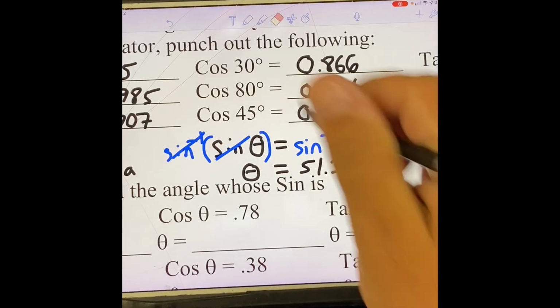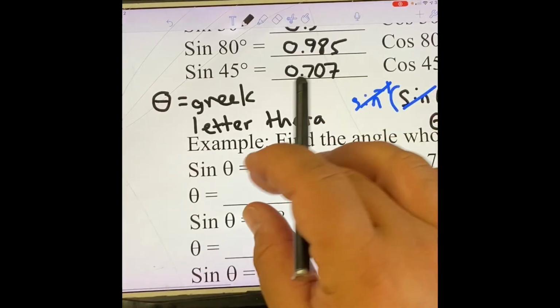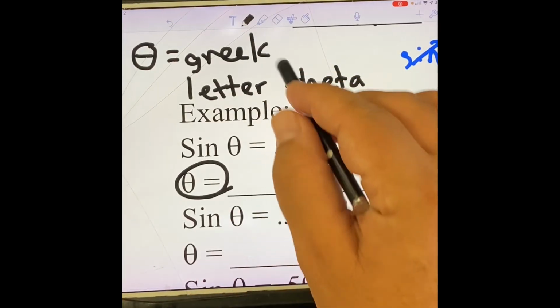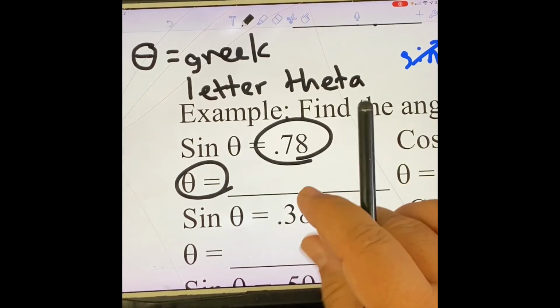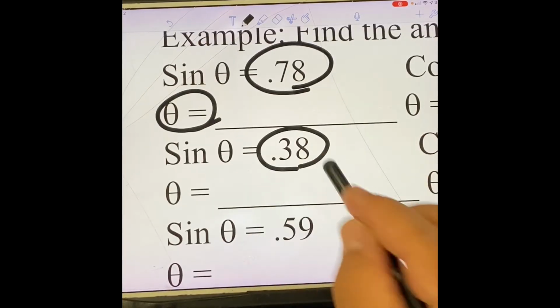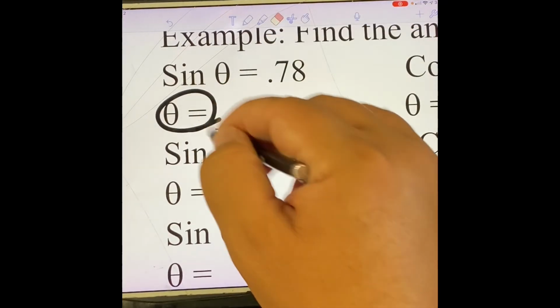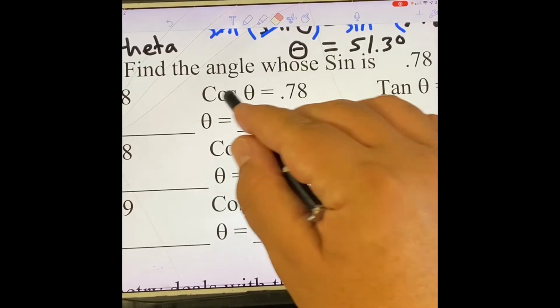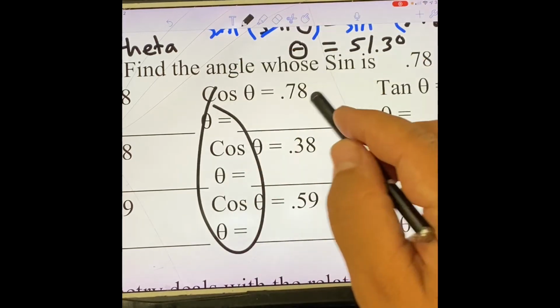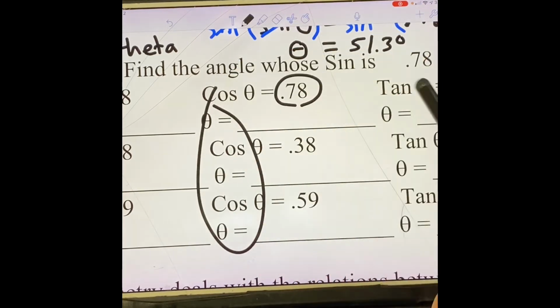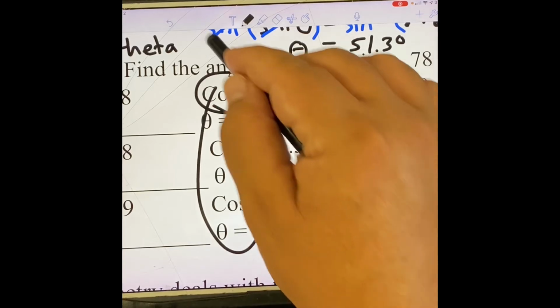So what are we going to do to get these numbers? To get theta, we're going to take the arc sine of 0.78, the arc sine of 0.38, the arc sine of 0.59. To get these numbers, you're going to take the arc cosine of 0.78, because arc cosine is opposite cosine.